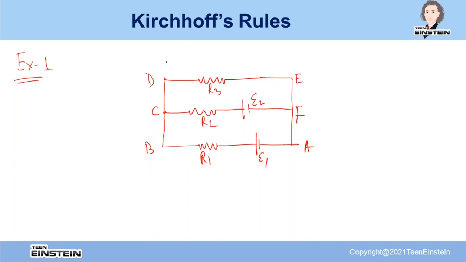How to write the KCL? I'll just check where the junctions are. These are two junctions, C and F. In this case, there are two batteries or cells, E1 and E2. Both the cells will be producing some current, right?